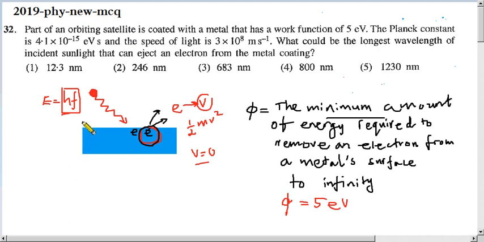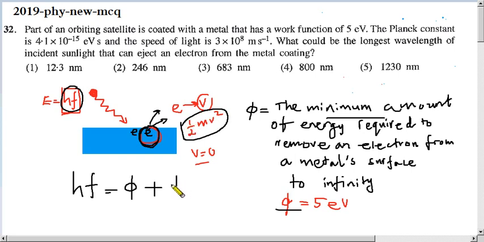The energy that we have is hf. A part of it is used to break the bonds, that is 5. The other part of that energy is used to give kinetic energy.